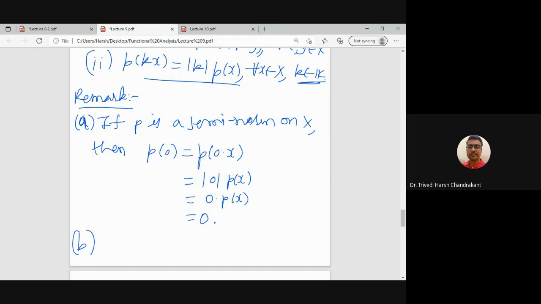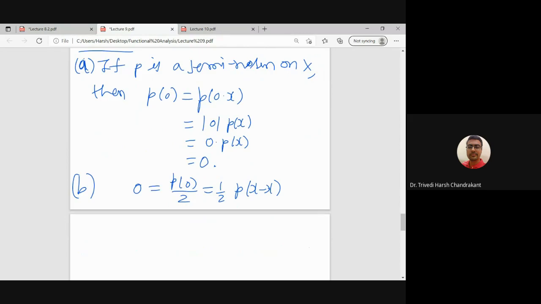And the second property is that if we use this, then 0 is equal to p of 0, which is 1 by 2 times p of 0, because p of 0 is 0, and the 0 vector we can write as x minus x for any vector x, right? Because x minus x is the 0 vector.